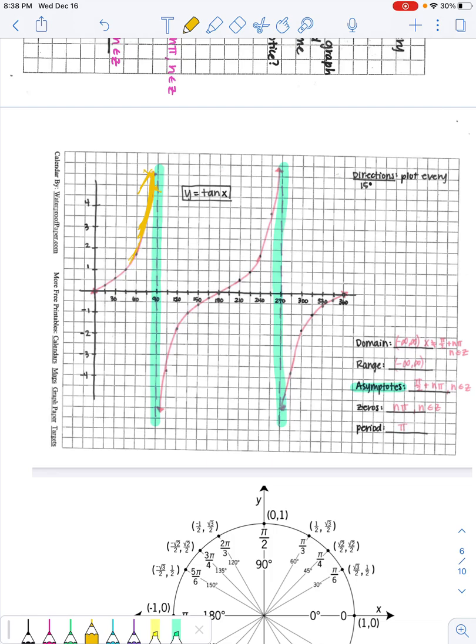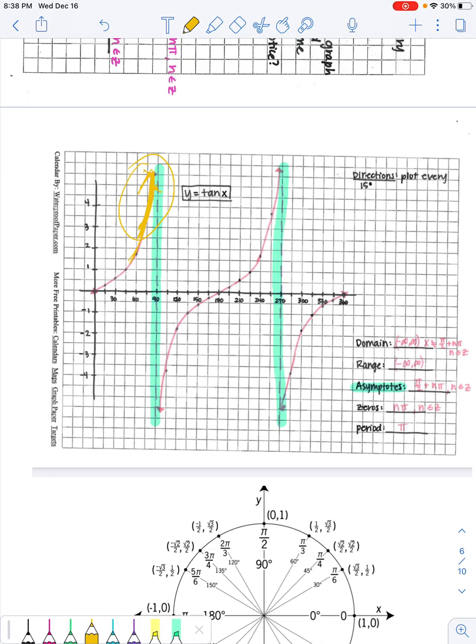It's telling us that x will never be equal to 90, but everything to the left. Our function is approaching that x value of 90 degrees, or pi over 2 radians, but it's never going to be exactly equal to it. So again, infinitely close to, but never touching or intersecting.